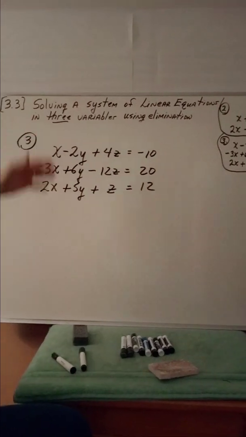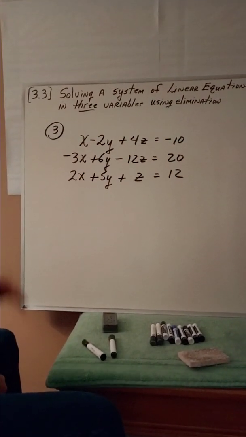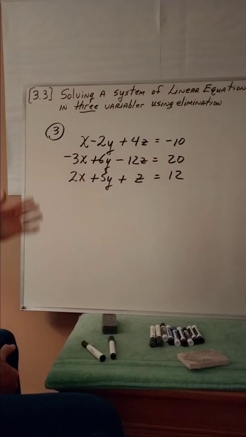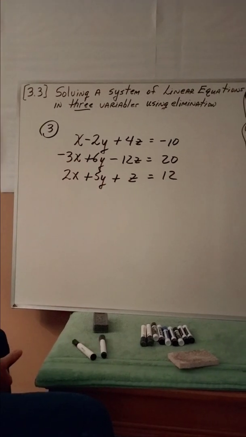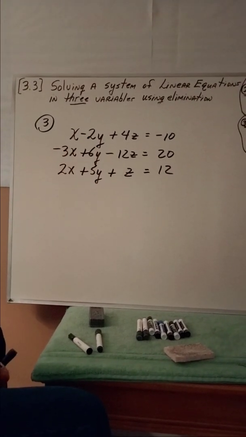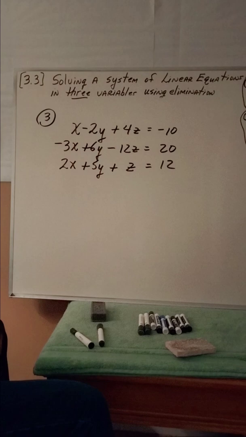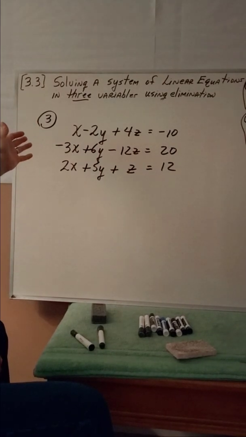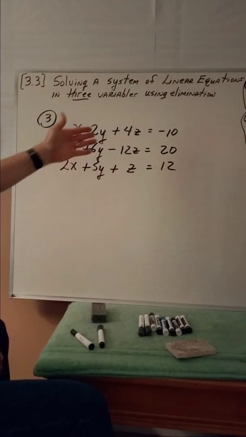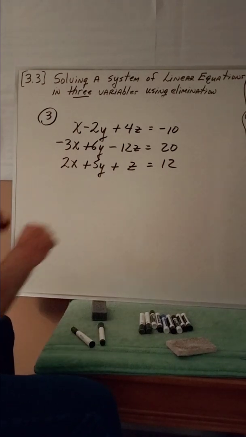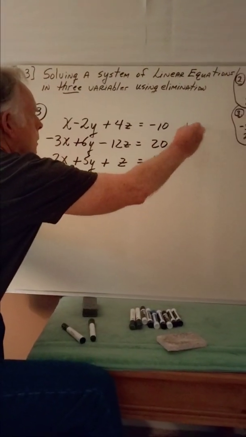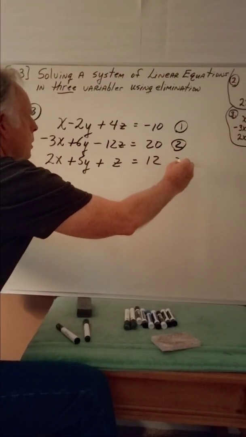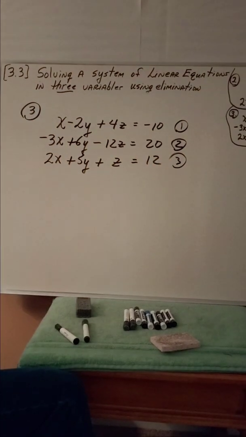Now you step back and look at it. You have to make up your mind first of all which variable you want to eliminate from the system. It doesn't make any difference. You can pick x, y, or z. Let's just go ahead and pick x. It's that first one right there.